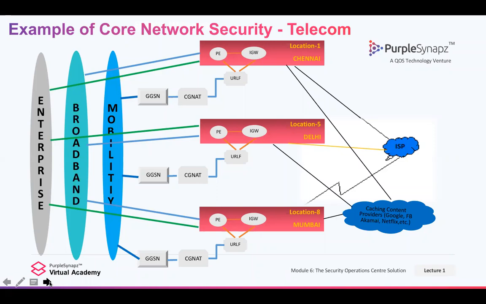Therefore, in the security operations center, a very important element comes, called a tap. Now, a tap is where you will actually break a fiber and put a connector in between. The two pipes, in and out, are connected through this tap, and there is a tap which is open now, like a third interface.